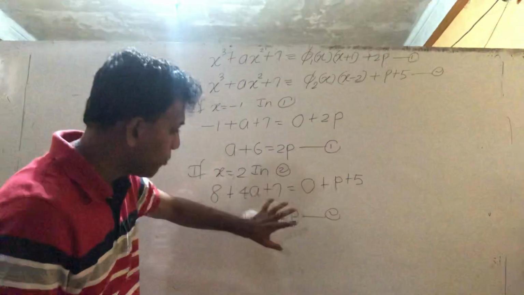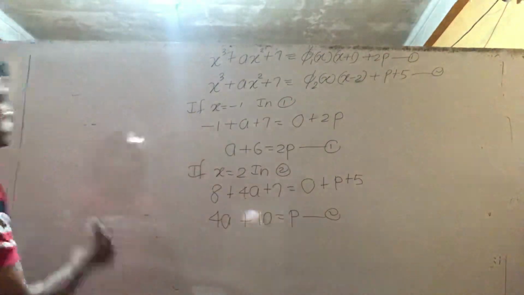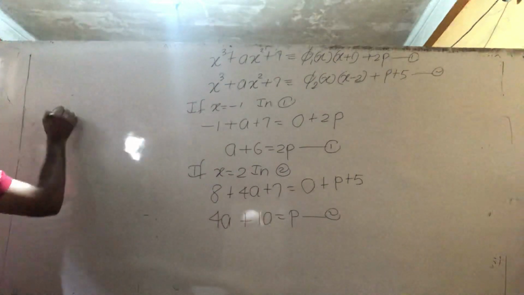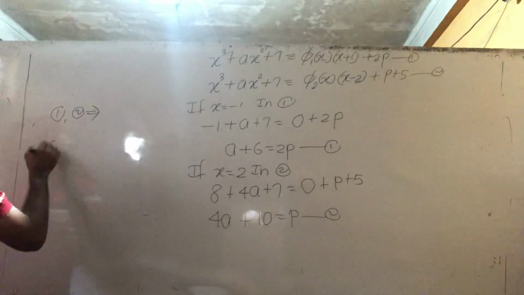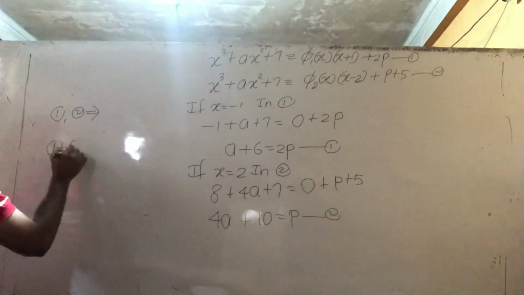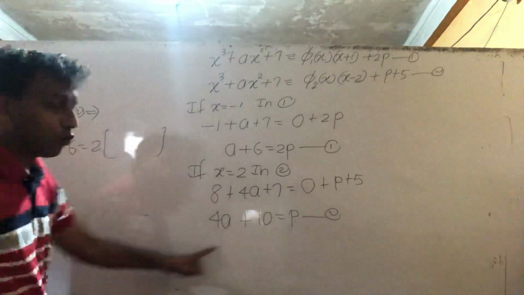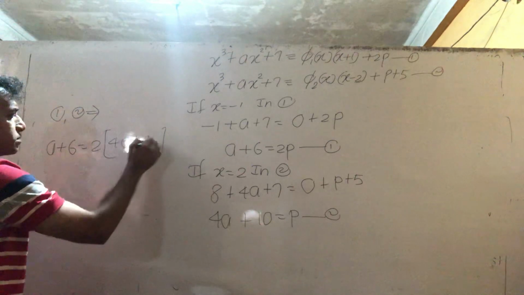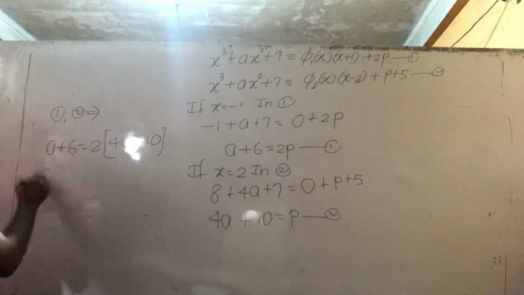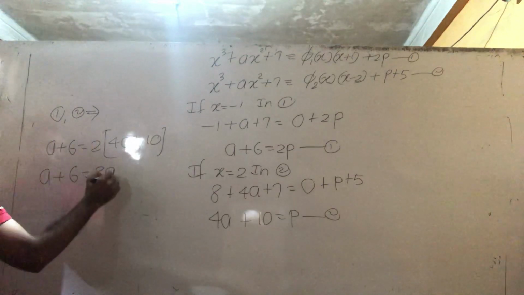Can I substitute p for this part in the other? So 1 and 2 give a plus 6 equals 2 times p. p is 4a plus 10, so a plus 6 equals 8a plus 20.